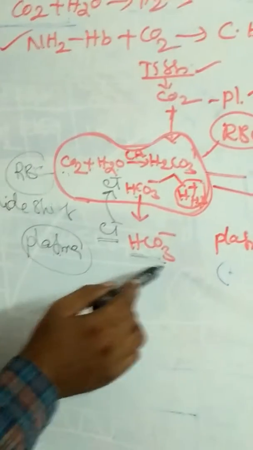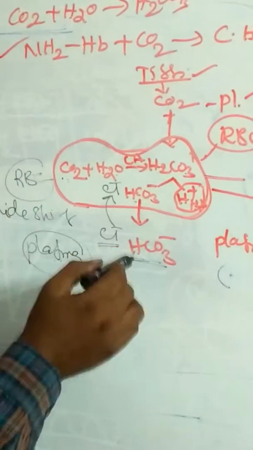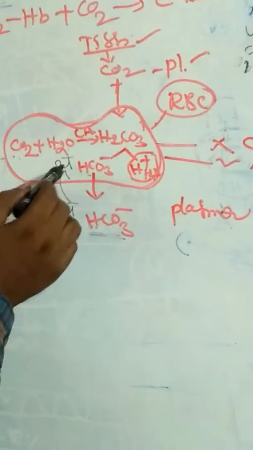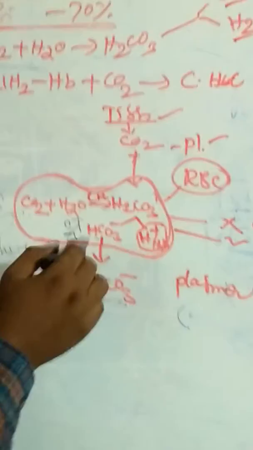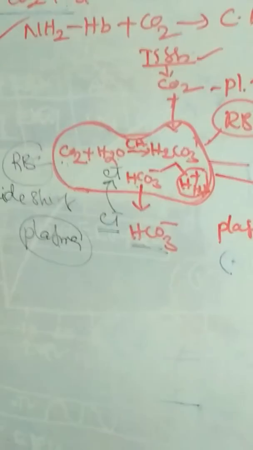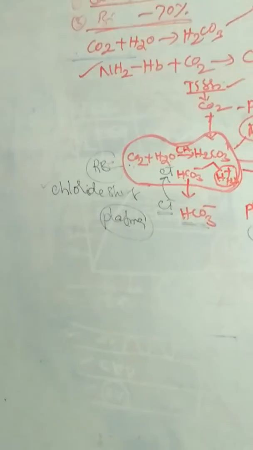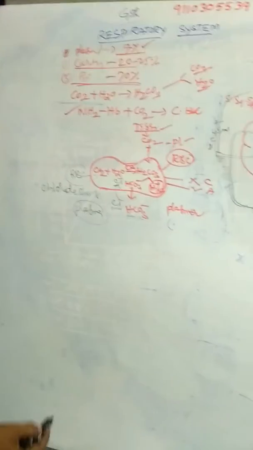HCO3 enters into the plasma. To maintain the equilibrium, Cl minus ions from the plasma enter into the RBC. That means an exchange of anions. The exchange of Cl minus and HCO3 minus ions between RBC and plasma is called chloride shift. So chloride shift is related to CO2 transport.